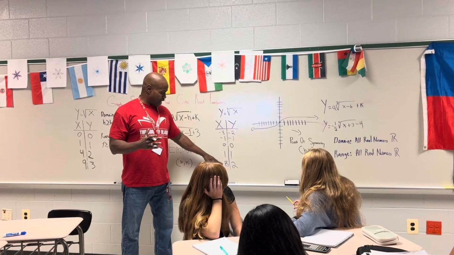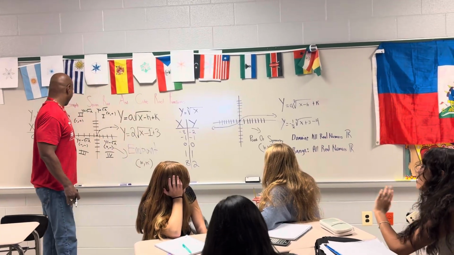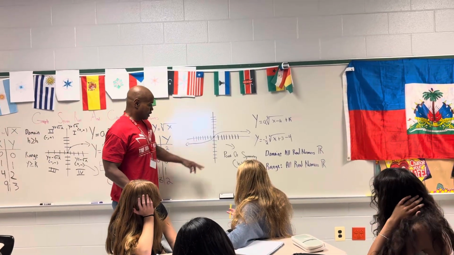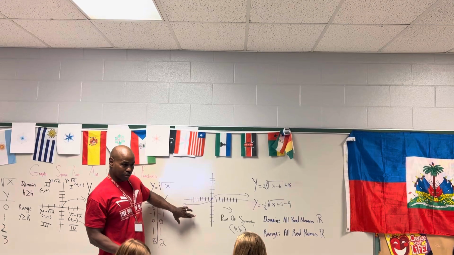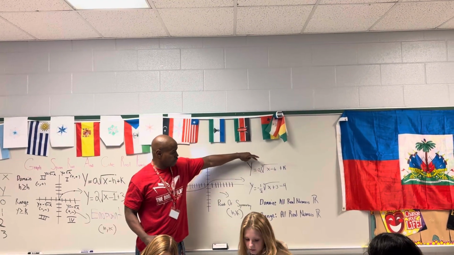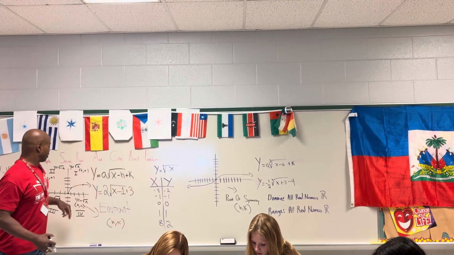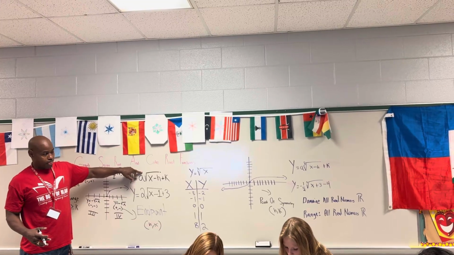Cube root of 8 is 2, right? Here, this is a point of symmetry where the graph flips, okay? That's gonna be my h and k. Notice the difference. You have a cube root here compared to over here, you had a square root, okay?